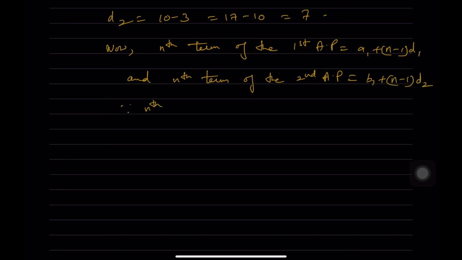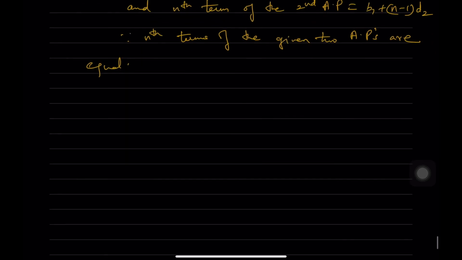Since nth terms of the given two APs are equal, therefore we have A1 plus n minus 1 into D1 is equal to B1 plus n minus 1 into D2. So here what are all given, we'll just write down.